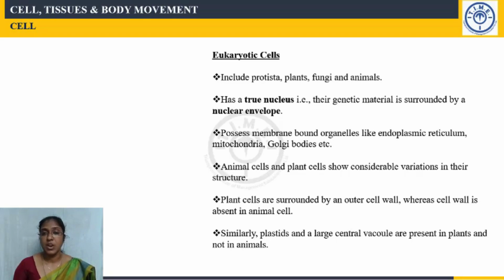What is the difference between plant cell and animal cell? Animal cells do not have a cell wall, but plant cells do. Plastids are absent in animal cells, and also a large central vacuole, which is a storage organelle for plants, is absent in animal cells.